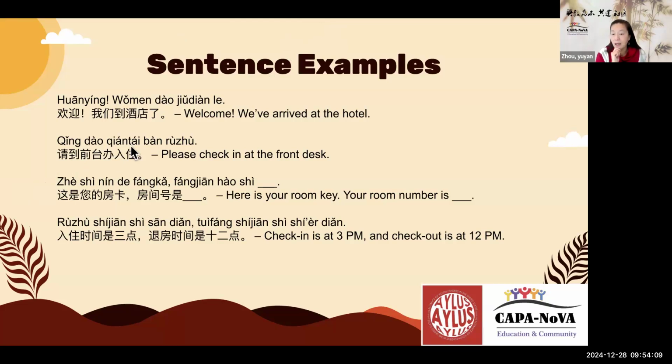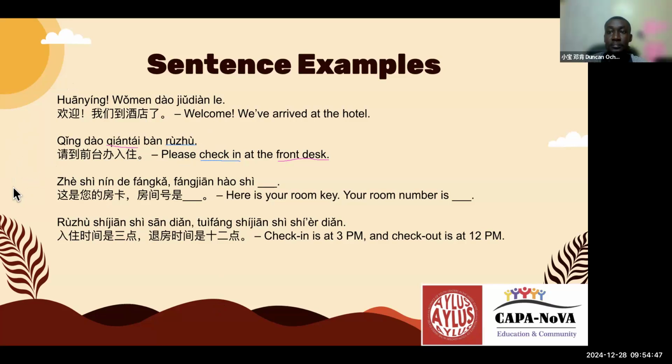So, typically, at least in my experience, when you have a group, you help your customer manage the check-in, and you will pick up the room key or room card for your customer. Unless your customer made the hotel arrangement themselves, then they will need to use this phrase. So again, it depends on the situation.